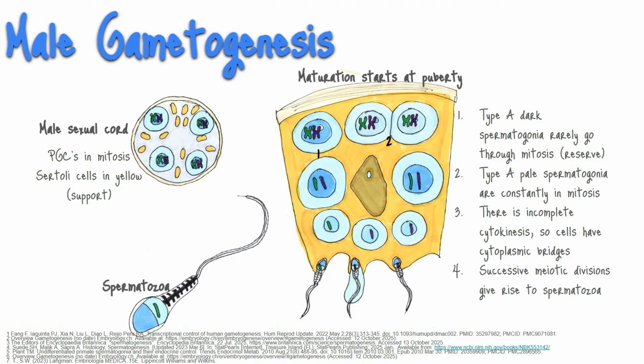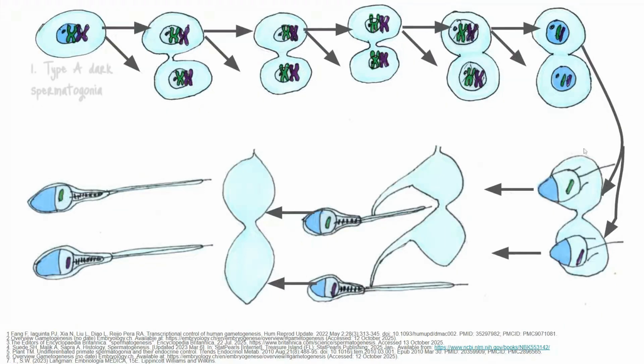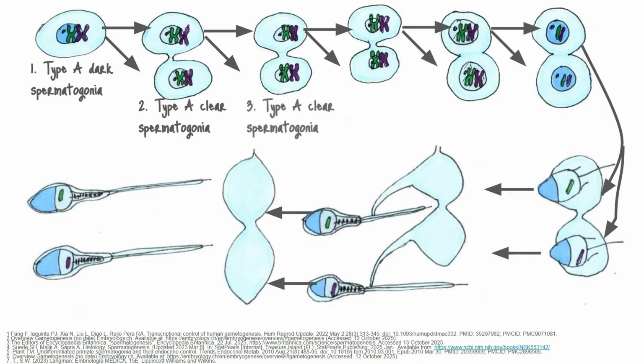It's important to know there's incomplete cytokinesis or cytoplasmic division, so the cells are bundled together through cytoplasmic bridges. Through further differentiation, this becomes spermatozoa. So, we have type A dark spermatogonia, then becomes type A clear spermatogonia, which also undergoes mitosis a lot. In fact, I put it twice in a row to represent that.